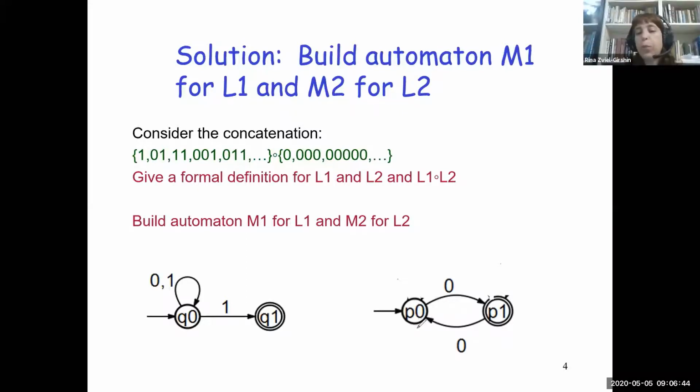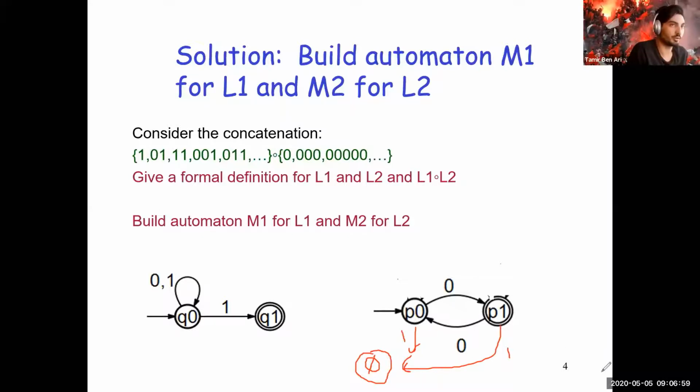For example, if you were asked to build a DFA, you are missing one state, this state, and you will move here with one from here and with one from here. So every automaton has this invisible state.